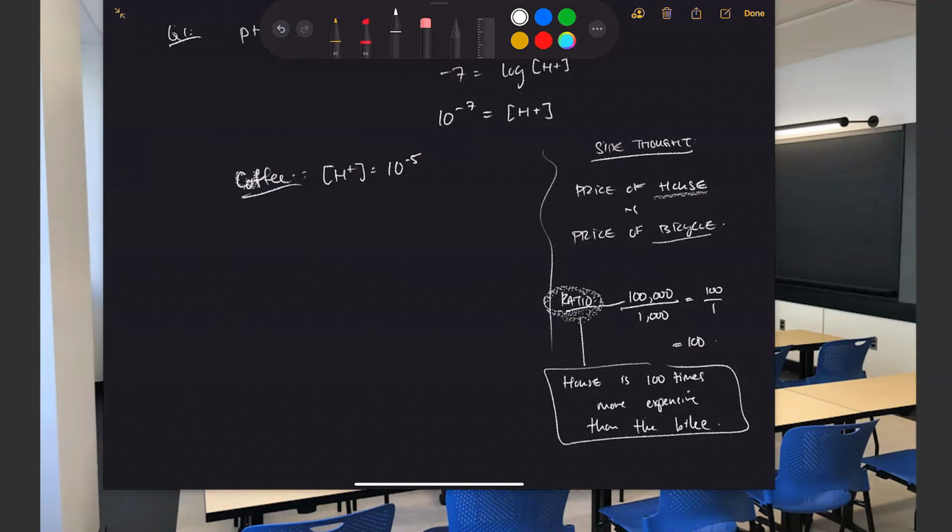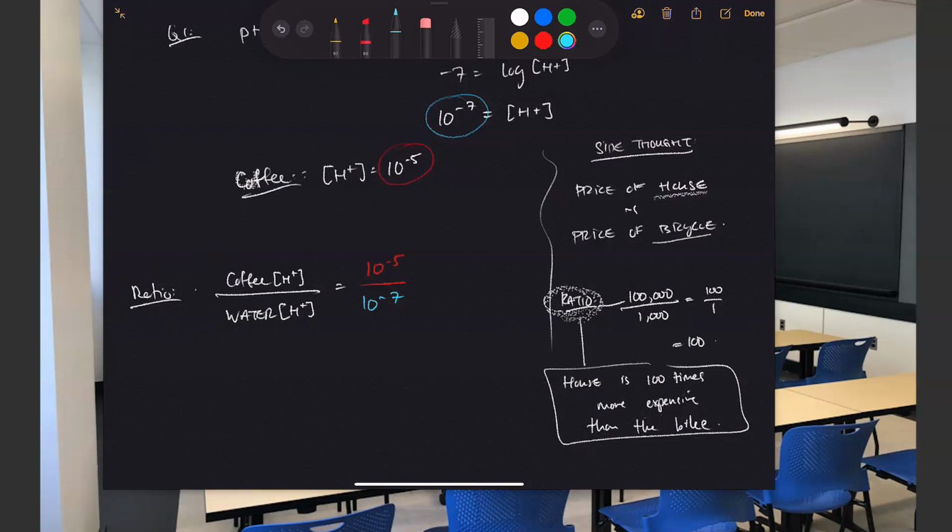So if I compare then the ion concentration of coffee to water, and I take this ratio, which is 10 to the minus 5th over 10 to the minus 7th.